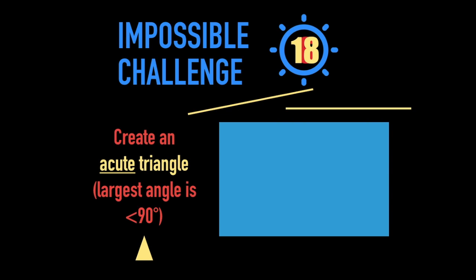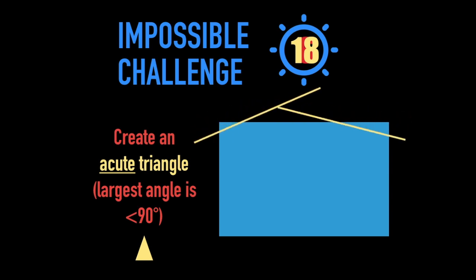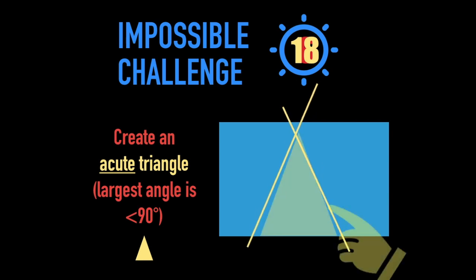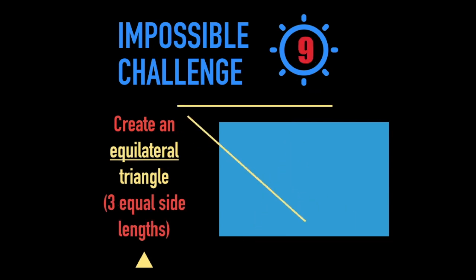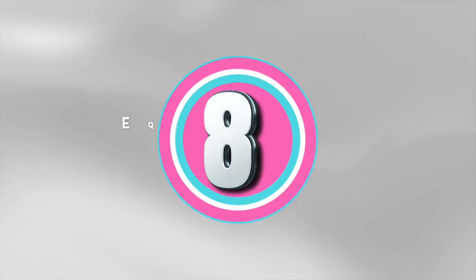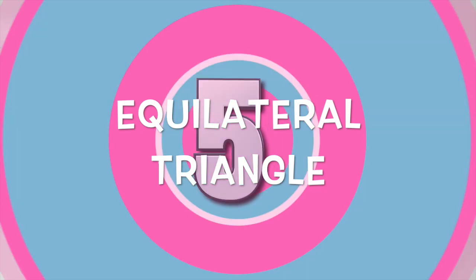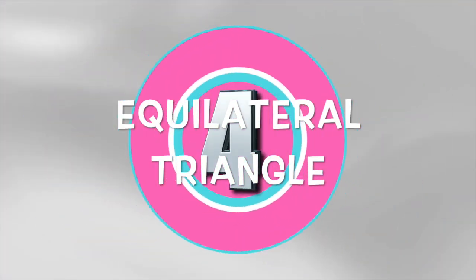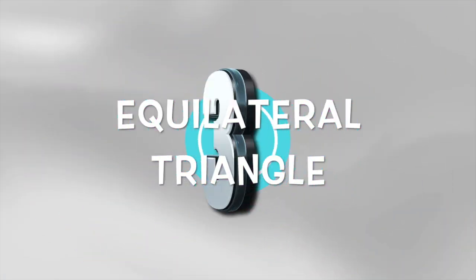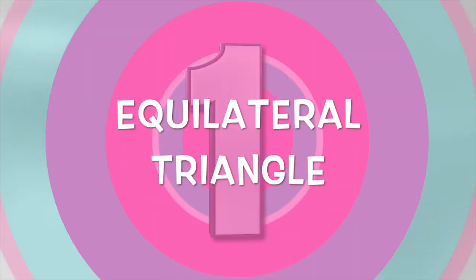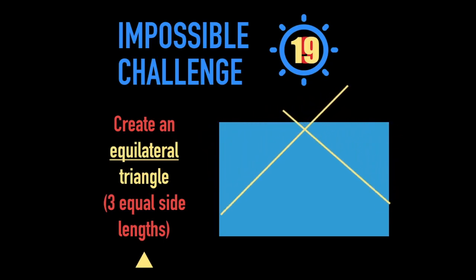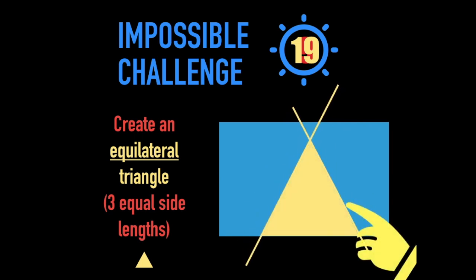Now we can be sure all the angles are less than 90 degrees. But what about creating a triangle where all the sides are the same length? With 2 pieces of pasta, now even this is possible.